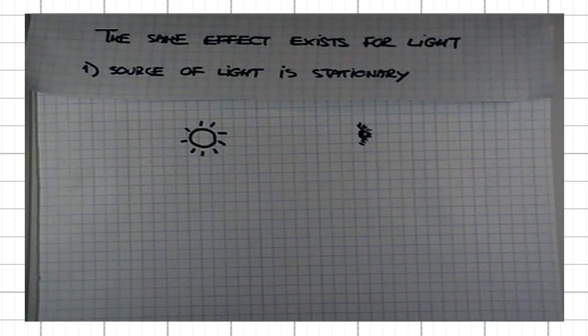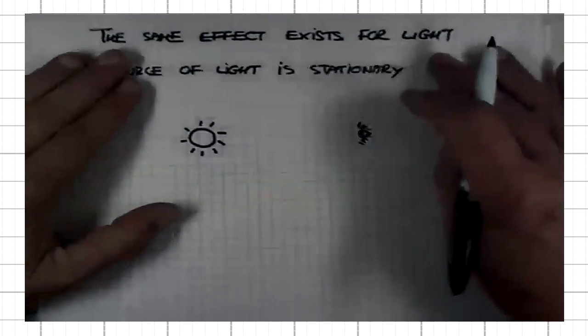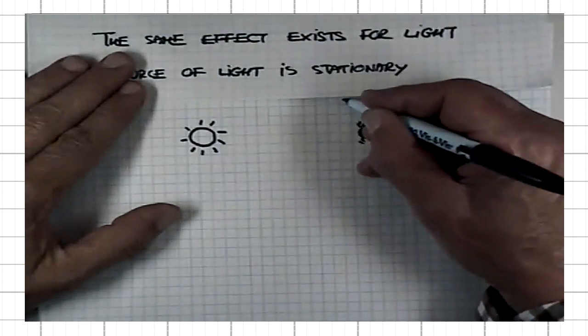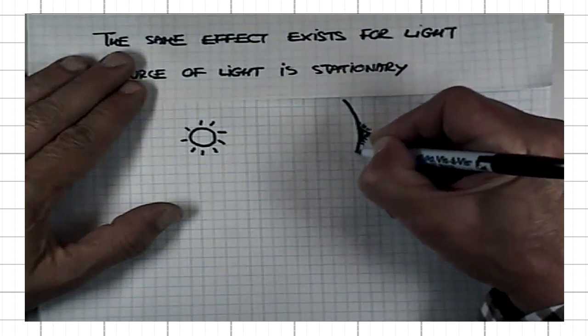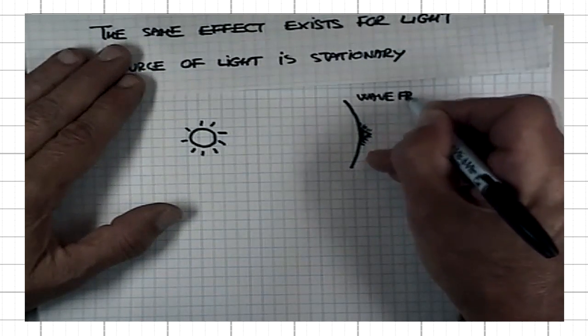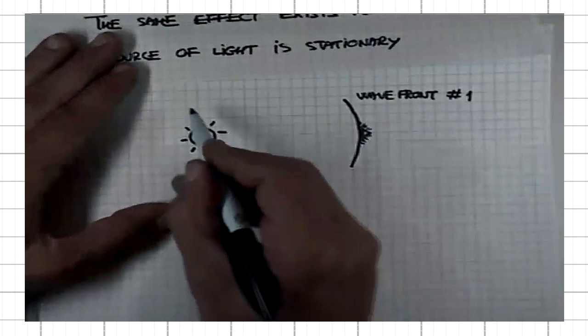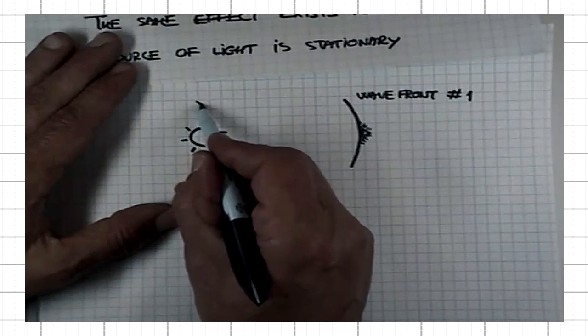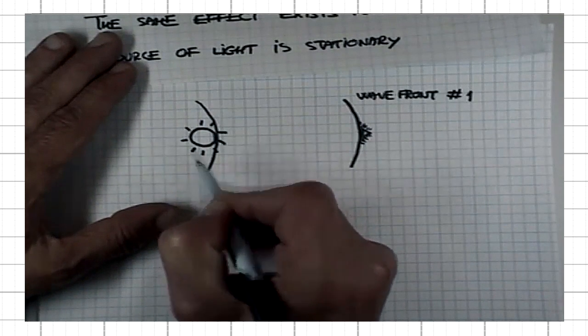Now, at the moment when one wavefront of light, remember the wavefront is the plane that rides on the crest of the wave, so the wavefront number 1 hits the eye of the observer, at that same moment, the wavefront number 2 leaves the source.